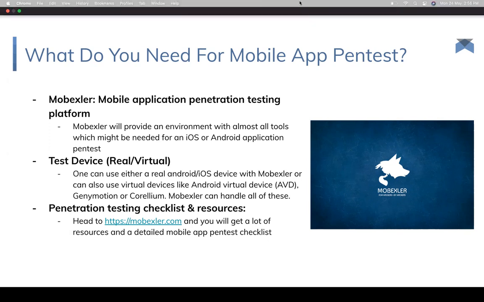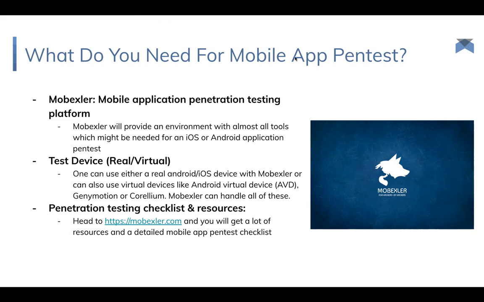In case you are not good with that, then you will have to go with a virtual device. Now, when I say virtual device, it can be your Genymotion device, or it can be a Corellium based device, right? Either of them, you can go as per your ease, whichever you are comfortable with.